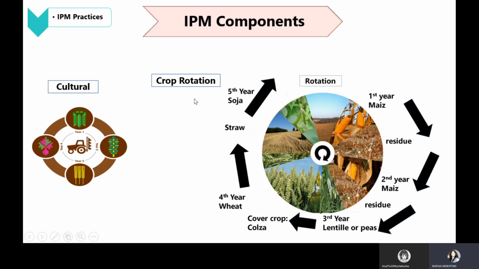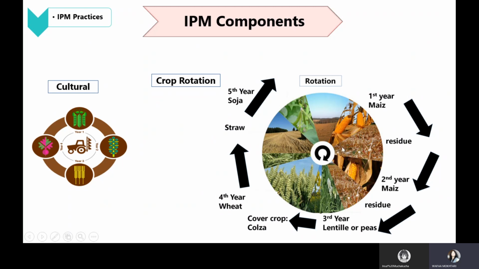If you want to do it in an indoor greenhouse, it is possible, but the technology depends, and it is different from field to greenhouse. And here is an example of crop rotation in the field.